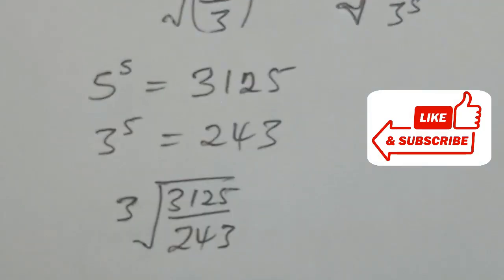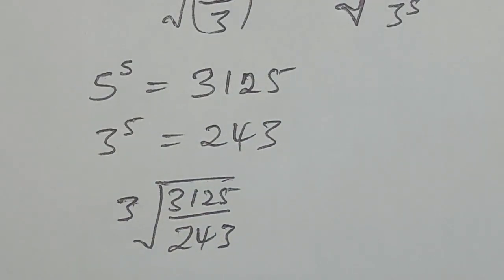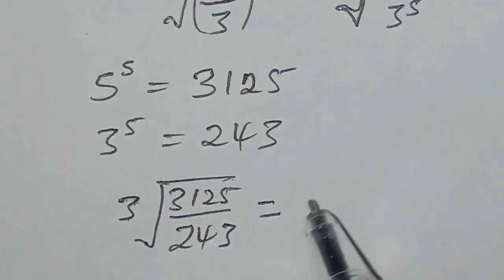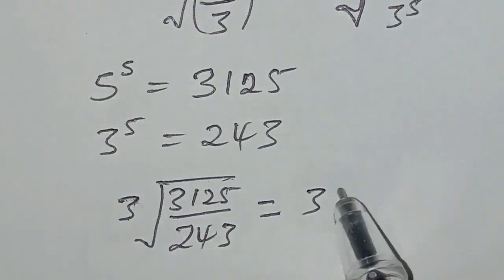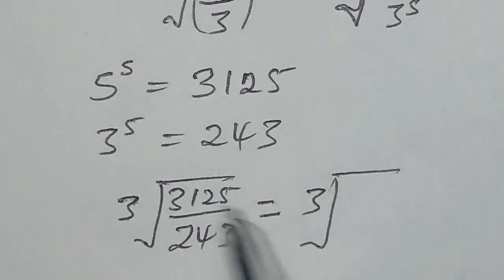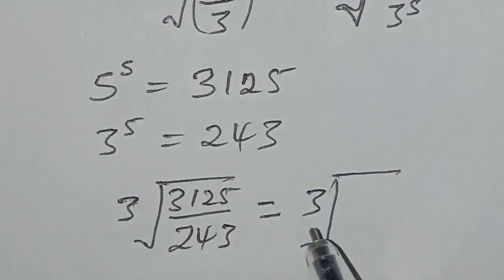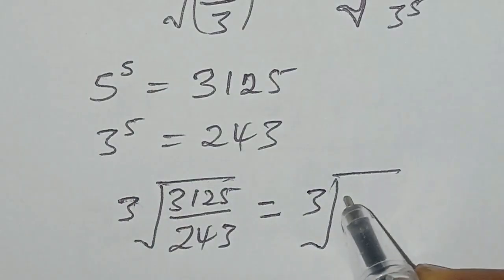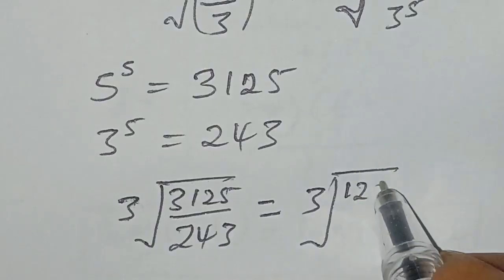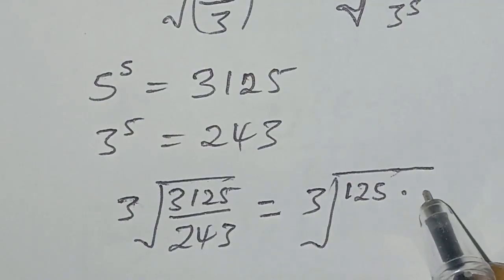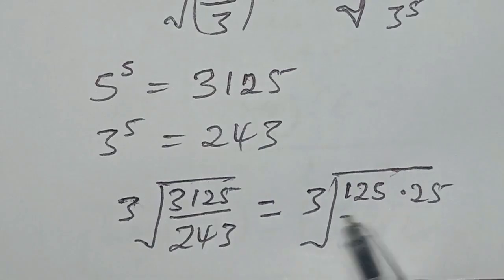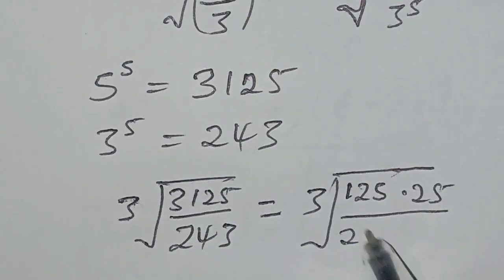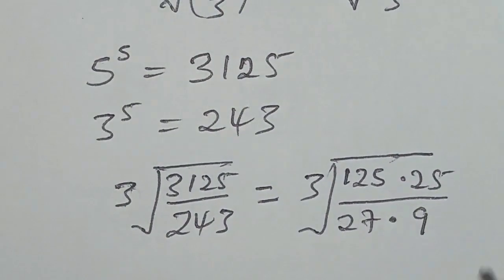Now what we need to do is to pull out the perfect cube from the numerator and the denominator. So that will give us the cube root of, factorizing the denominator and the numerator by pulling out the perfect cube, 125 multiplied by 25 all over 27 multiplied by 9.